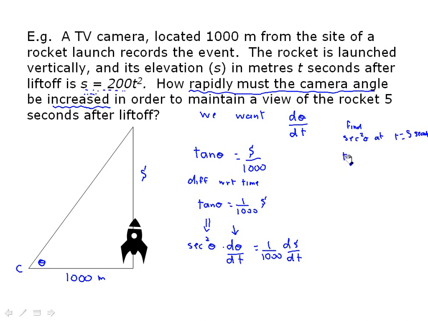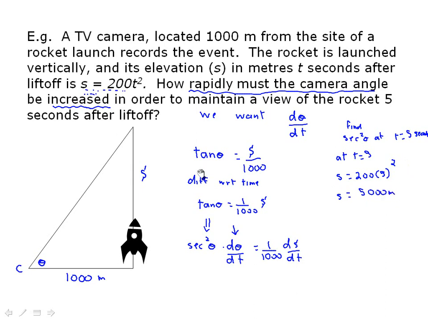At t is equal to 5, if we use this formula, our position is going to be 200 times 5 squared. And if we get this value, then we can use it to actually work out what the ratio is going to be, the tan ratio. So 200 times 5 squared is 5,000. So at 5 seconds, its position is 5,000 meters.